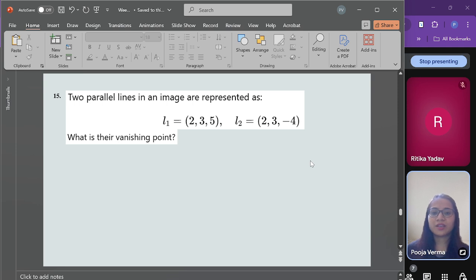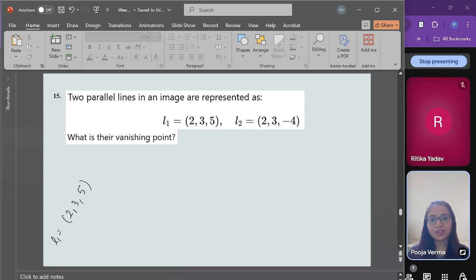So here two parallel lines are given, L1 and L2. The vanishing point is the intersection of the two lines, which is the cross product of these two.